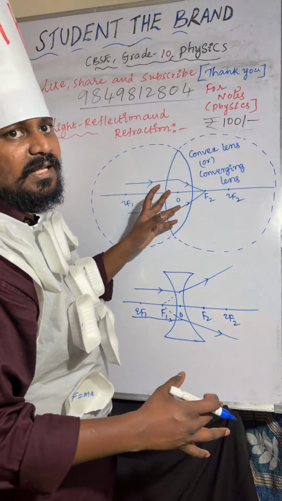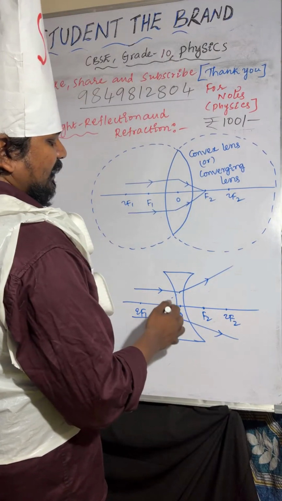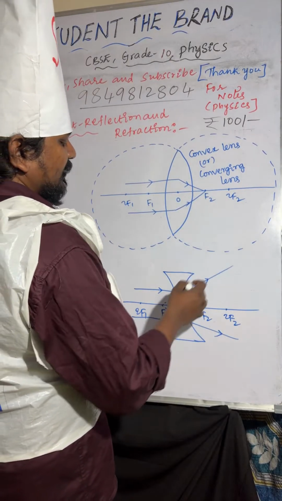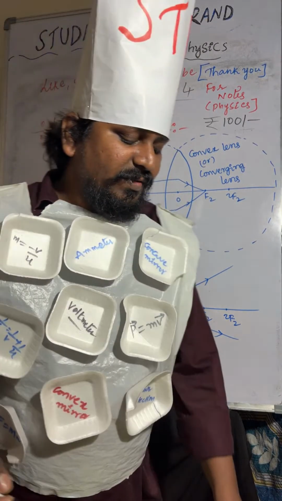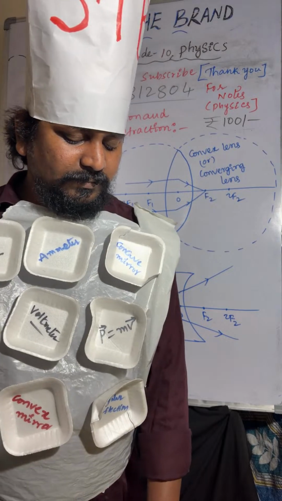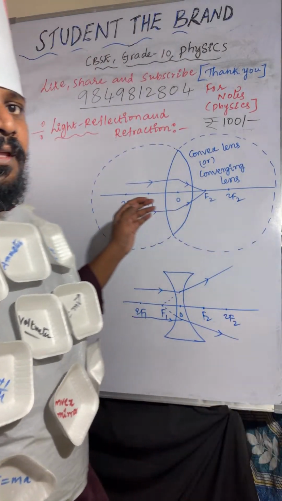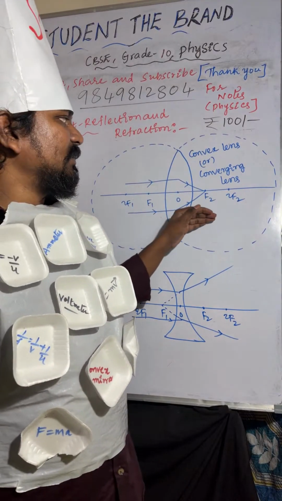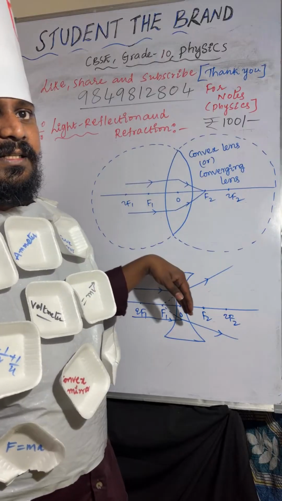If you extend the refracted light rays, those extended refracted rays meet at one point, the actual focus. So that's why the convex lens is also known as a converging lens, and the concave lens is also known as a diverging lens.